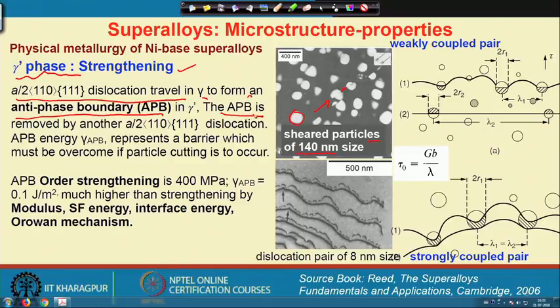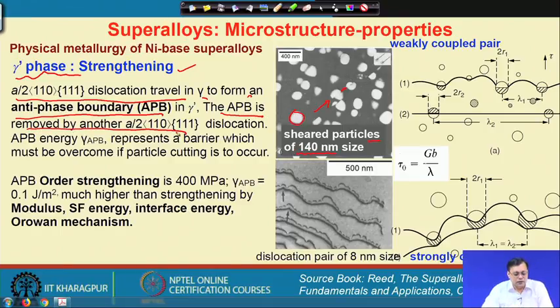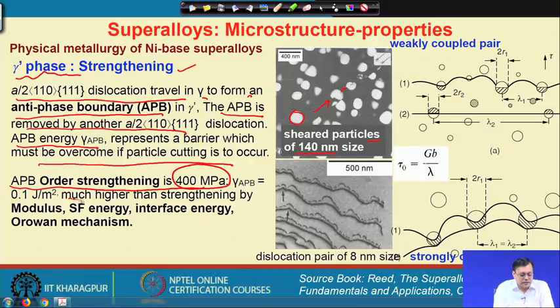This antiphase boundary is removed by passing another dislocation, as I just said a few minutes ago. Now, the antiphase energy represents a barrier which must be overcome if the particle cutting has to occur. The antiphase boundary ordered strengthening can reach up to 400 megapascal, much higher than the strengthening by modulus, stacking fault energy, interfacial energy, or the Orowan mechanism.